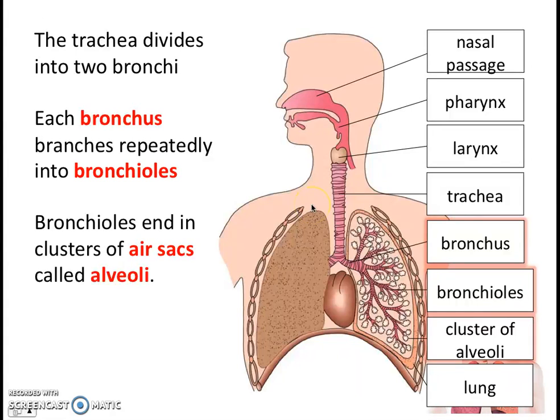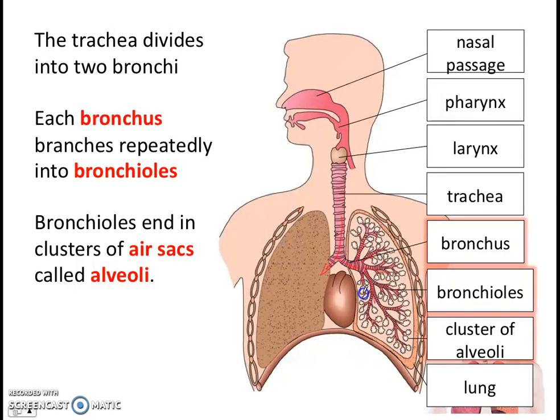Okay, so what happens from the trachea? The trachea will divide into two bronchi. Okay, bronchi is the plural, bronchus is singular. Each bronchus leads to a lung. Now each bronchus branches repeatedly into bronchioles. So here, these are your bronchioles.